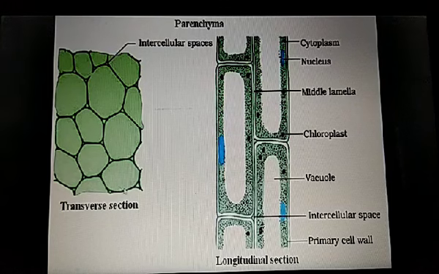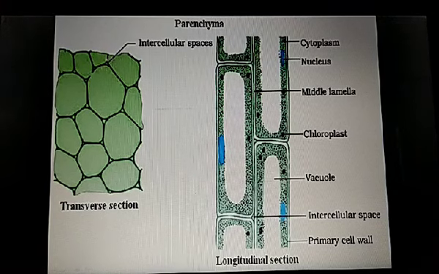That type of section is called transverse section. Whereas if you cut it longitudinally from top to bottom, you'll get the kind of sections called longitudinal section. Section cutting you'll learn in higher classes, but you should remember the two terms. Transverse is horizontal, whereas longitudinal is a vertical section.